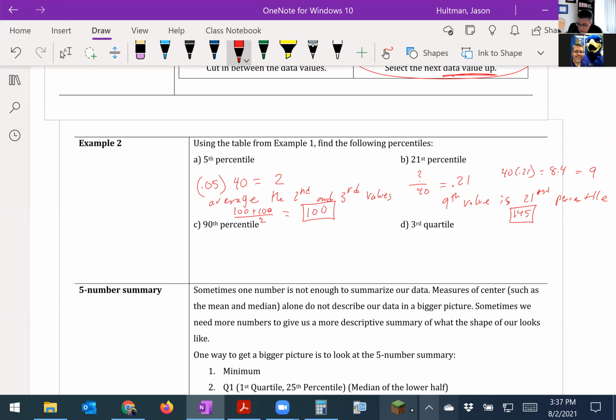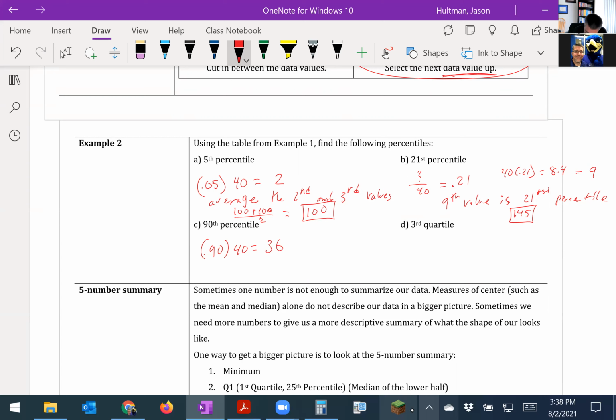So the 145 is the ninth value. So what's the 21st percentile? The ninth value, which is 145. Okay, what about the 90th percentile? The 90th percentile, 0.90, times 40 is equal to, what is that, 36? 36, which is a whole number.